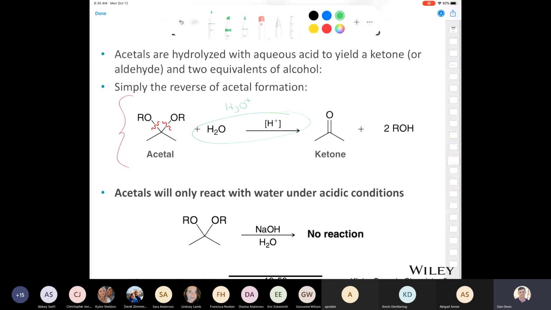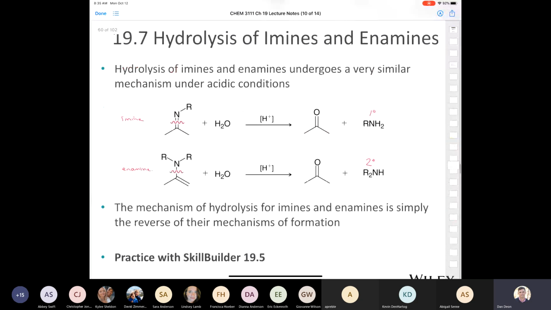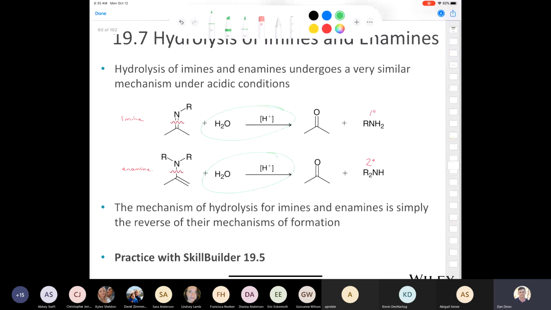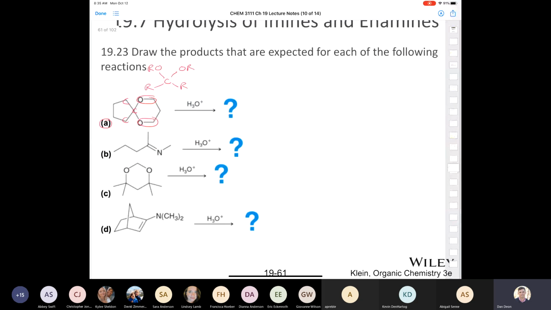H3O plus. Thus, this is nothing more than a hydrolysis of an acetal.